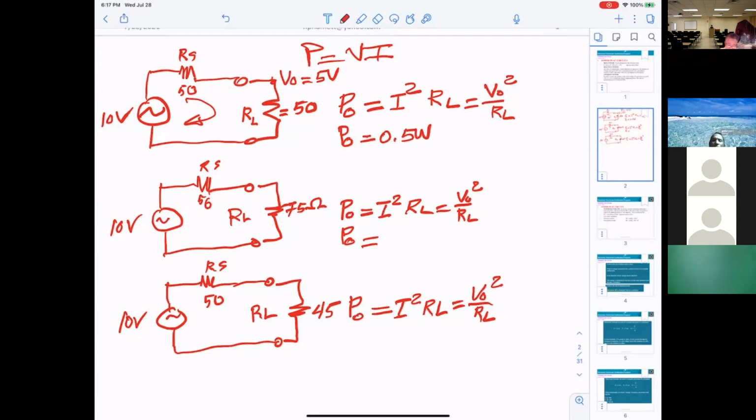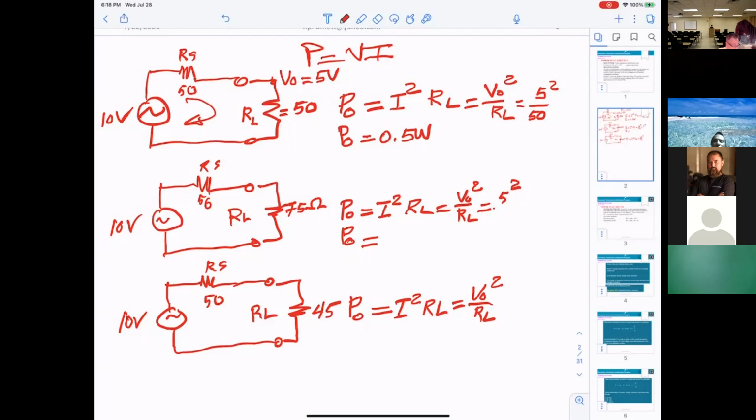That means I will give it to you here: 5 squared divided by 50 ohm. So what's the next? Zero point what? 0.75 watts. No. Five squared, right?